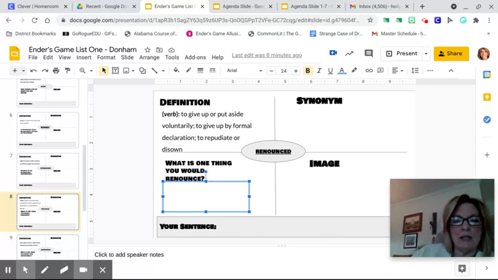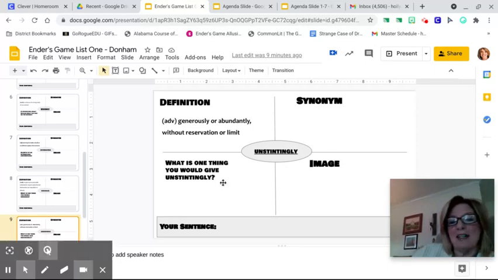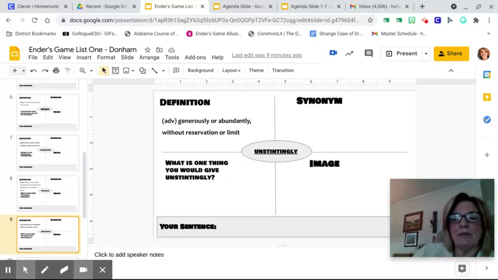The next word is unstintingly. Unstintingly means generously, abundantly. I care about you unstintingly. So the question for you in the third box is, what is one thing you would give unstintingly? What would you give generously or abundantly if you had the ability? What would be one thing you would want to give unstintingly?